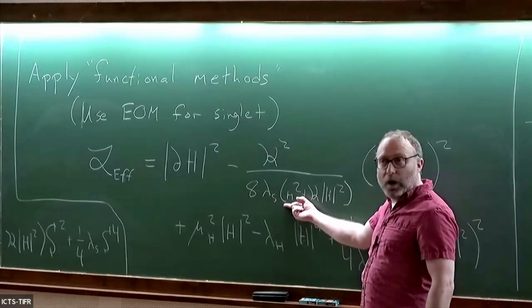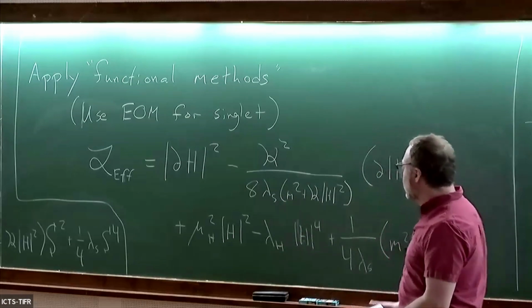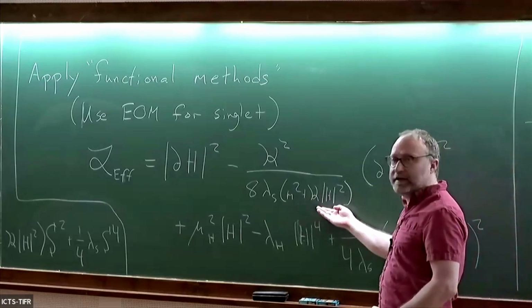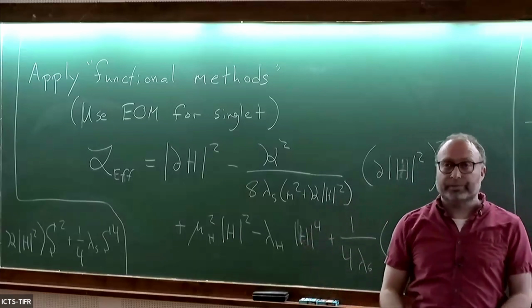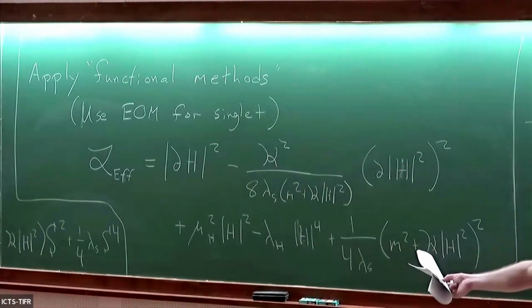Well, what happens if we set the mass to 0? Then there's no expansion to do here. You have something that looks genuinely non-analytic. So that's exactly what we'll do next. And of course, the expectation is that this criteria had better fail. It better tell you that you can't do the expansion if you take that point in parameter space.